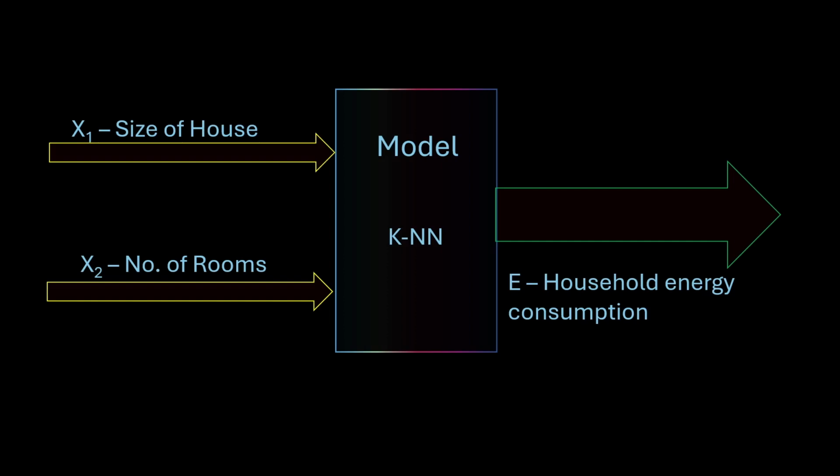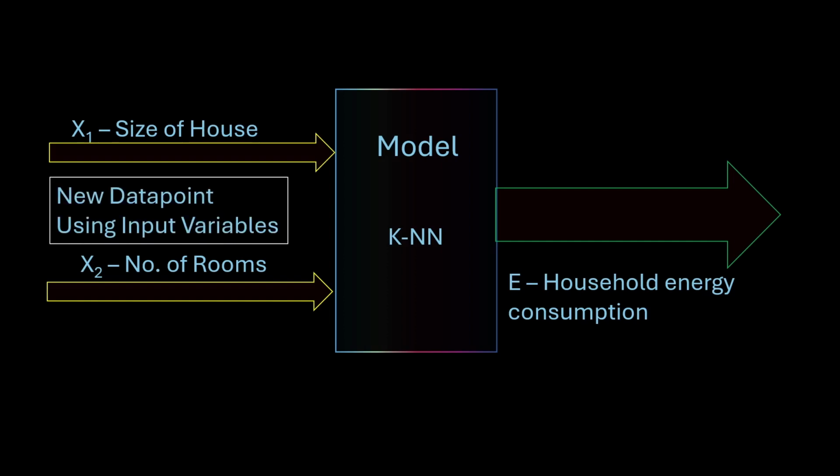We want to estimate it for our new data point, and we want to base that prediction on similar houses. So now let's look at how this method actually works. What is the algorithm and what is the thought process and the logic behind implementing it?